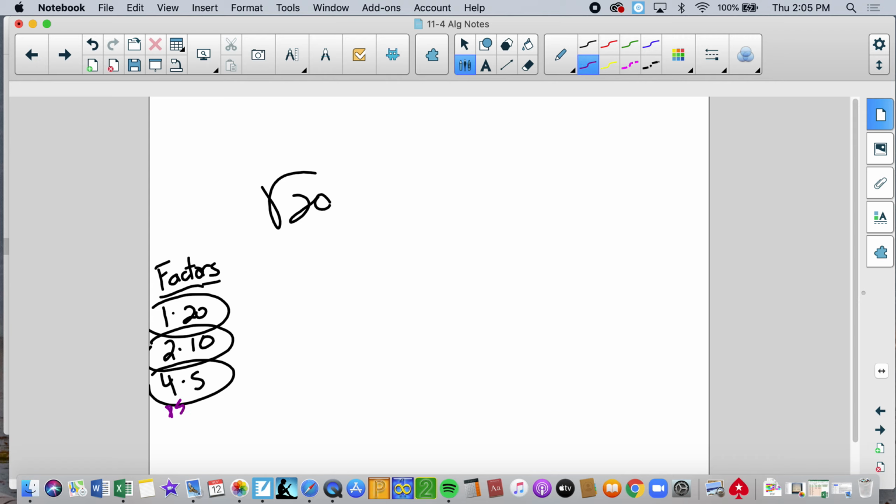We wouldn't choose 2 and 10. We wouldn't choose to break it up into rad 2, rad 10, because neither are perfect squares. So we wouldn't be able to simplify that. However, if we look at 4 and 5, that does help us.